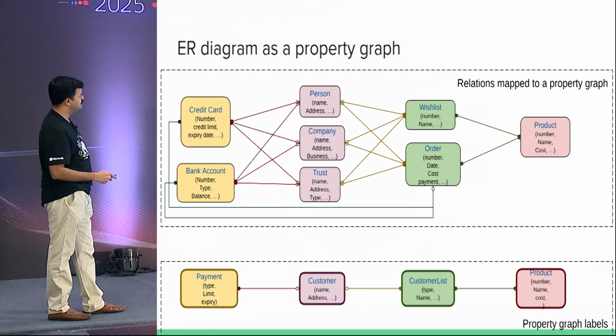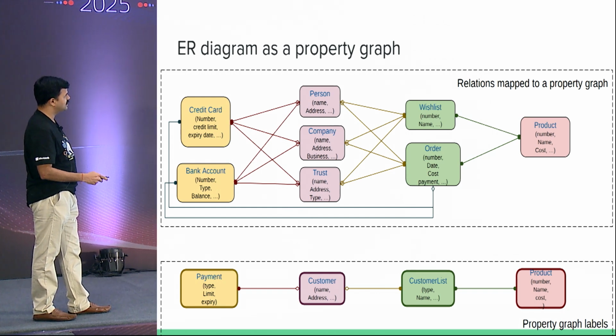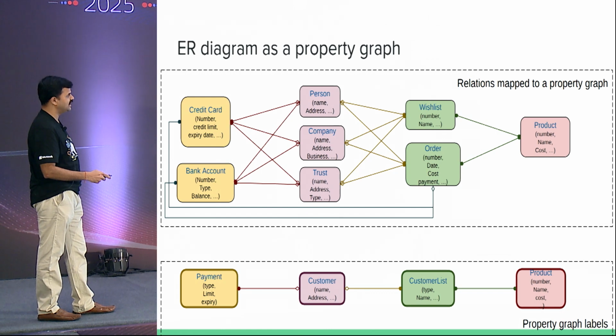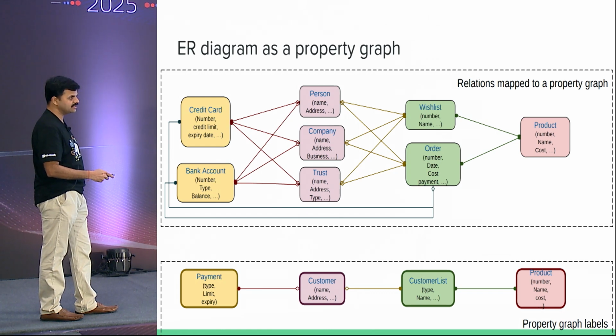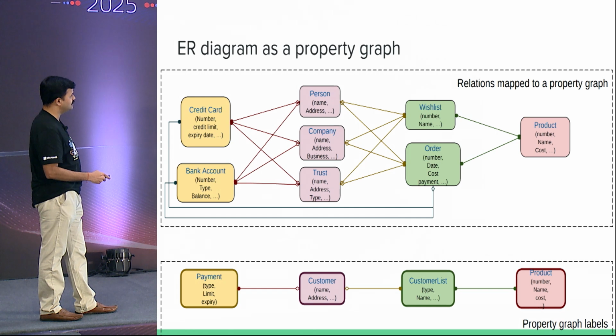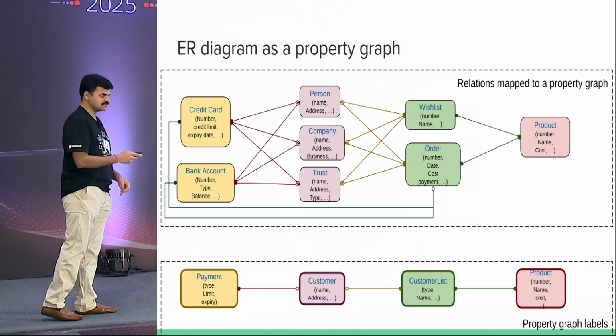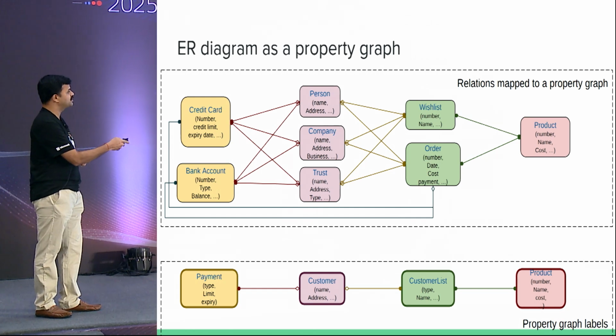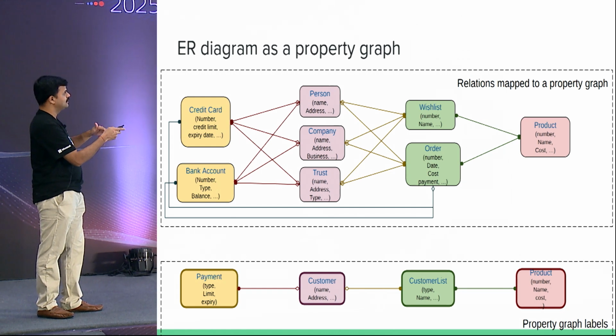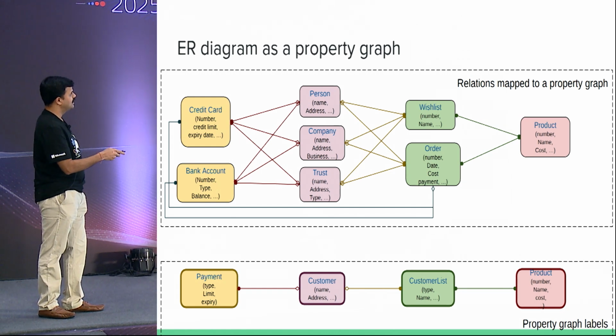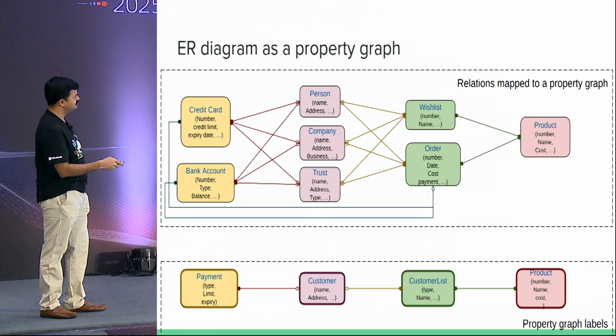So there are 1, 2, 3, 4, 5, 6, 7, 8 tables which represent nodes or entities, and then 16 tables which represent edges. So there are 24 tables in the underlying database, and this is the ER diagram for it.